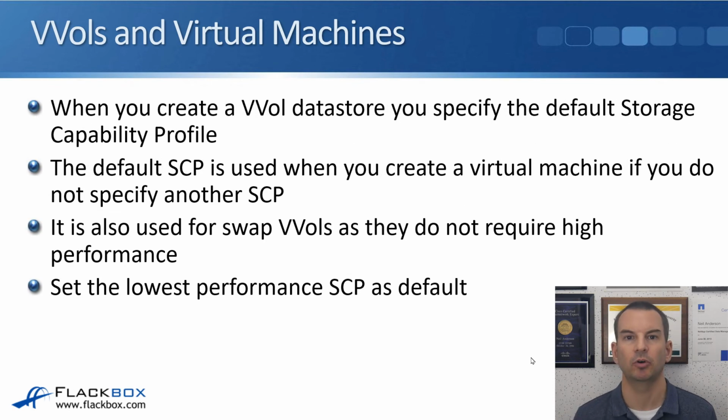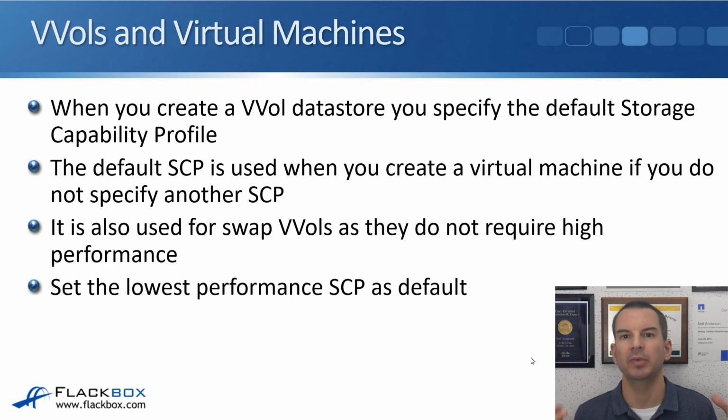When you create a VVol data store, you specify the default storage capability profile. This is when you've got multiple volumes making up that VVol data store. Because different volumes can have different storage capability profiles, you're going to specify a default one. The default SCP is used when you create a virtual machine if you do not specify another SCP.